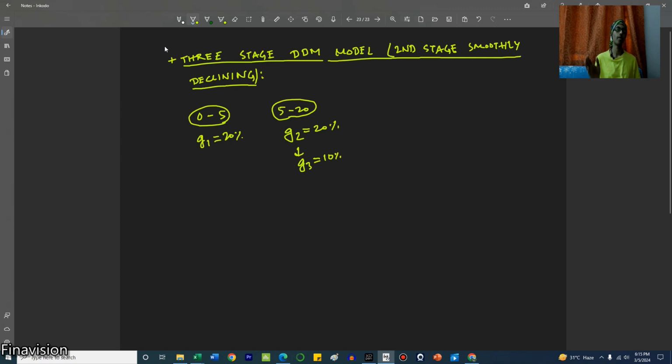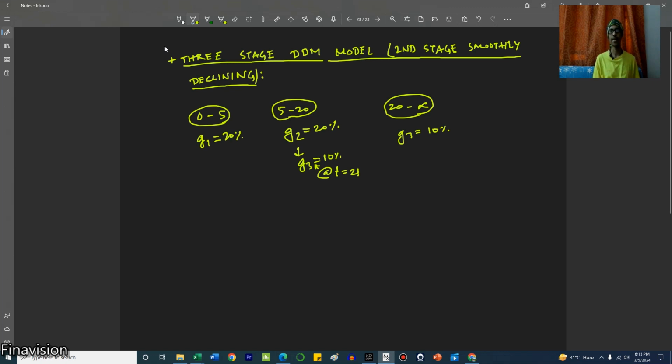So from t is equal to 5, it remains at 20. At t is equal to 21, it reaches 10%. From 21 till perpetuity, it is 10%.